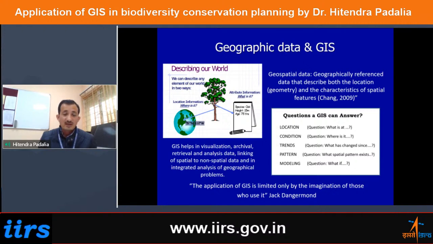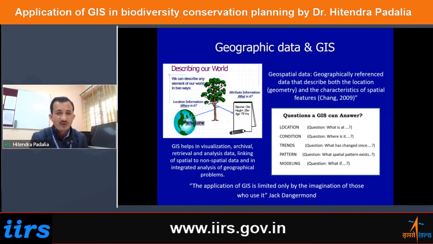And finally, it also helps in visualization of the data, whether you want to see the plot data or the spatial distribution of the plots. Then you can add a number of different themes in GIS for integrated analysis. The most important feature of GIS is integrated analysis, because ecosystems are integrated.